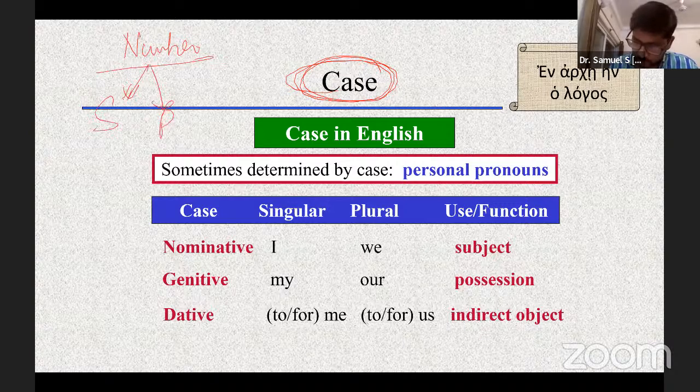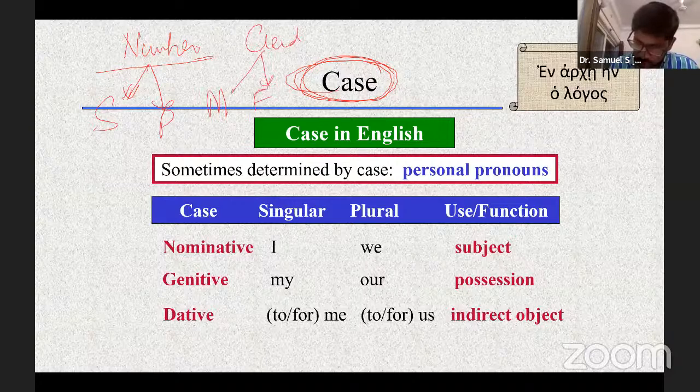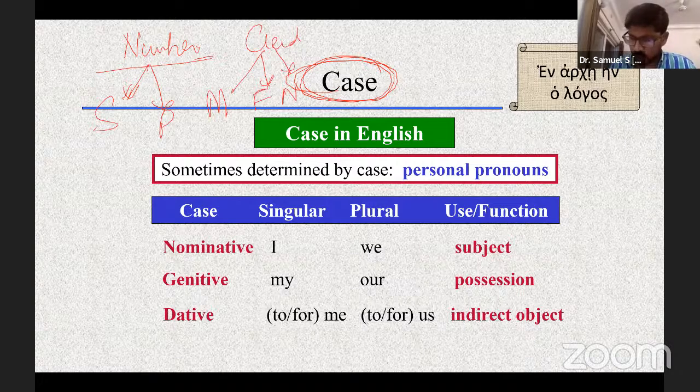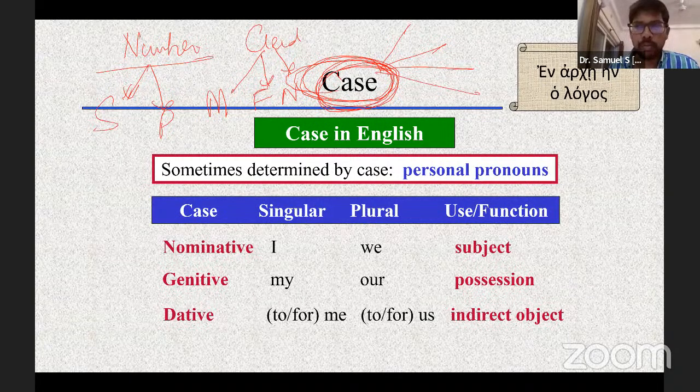They have gender, which can be either masculine, feminine, or neuter. And they have case. What are the different categories of case and how New Testament Greek, Koine Greek, represents it, we'll look at in the next class.